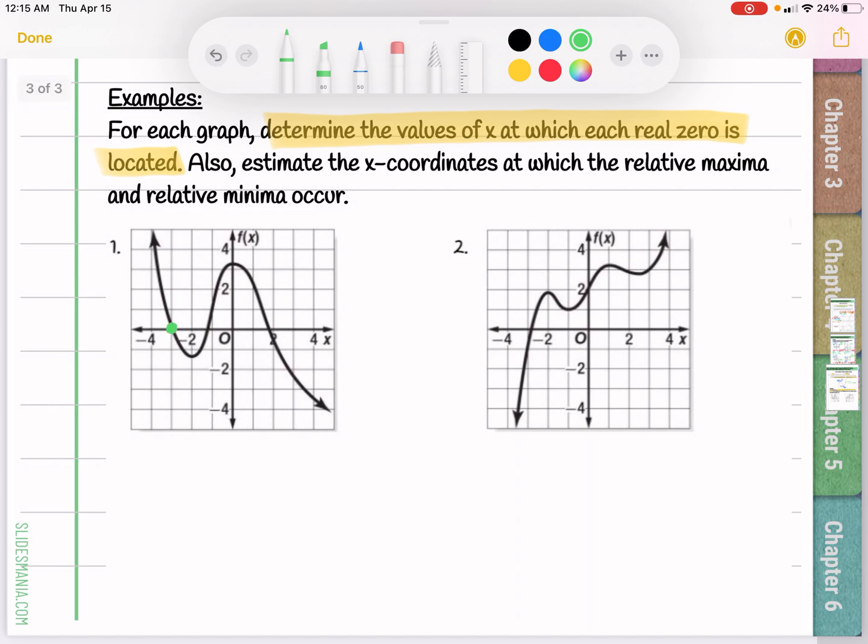So this one looks like it's at about -3. So there's a zero at x equals -3. This one is a little bit less than -1, so maybe -1.25.